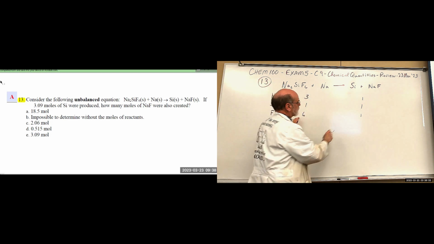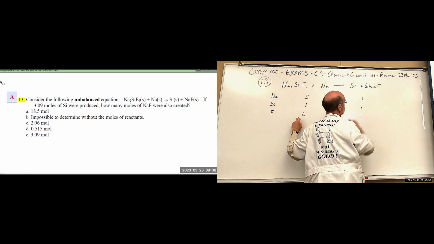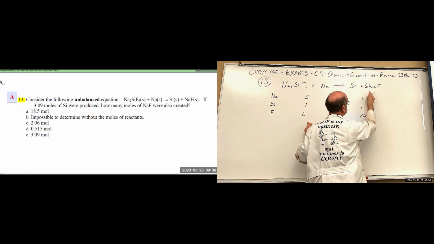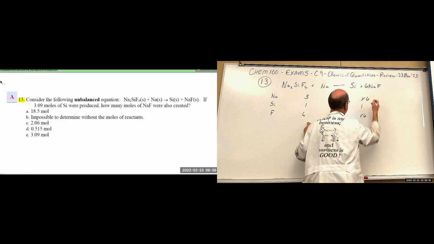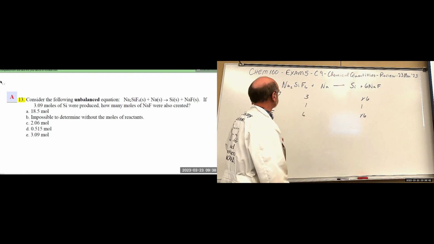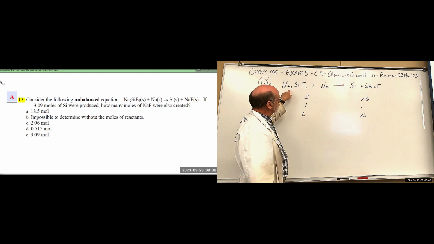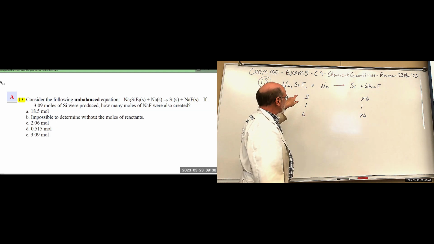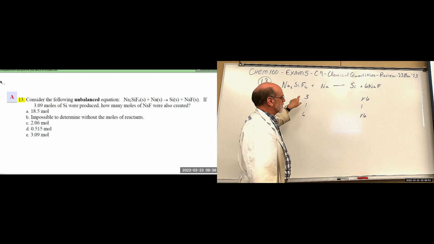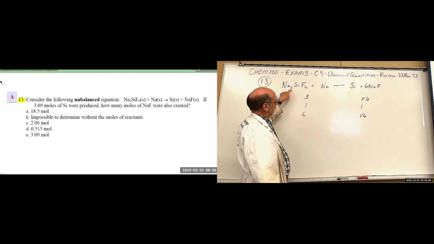So if we've got 6 fluorines, we want 6 fluorines there, which changes the sodium to 6. Now, notice that since sodium is in 2 different places, we need 6 sodiums, but we've already got 2 here.